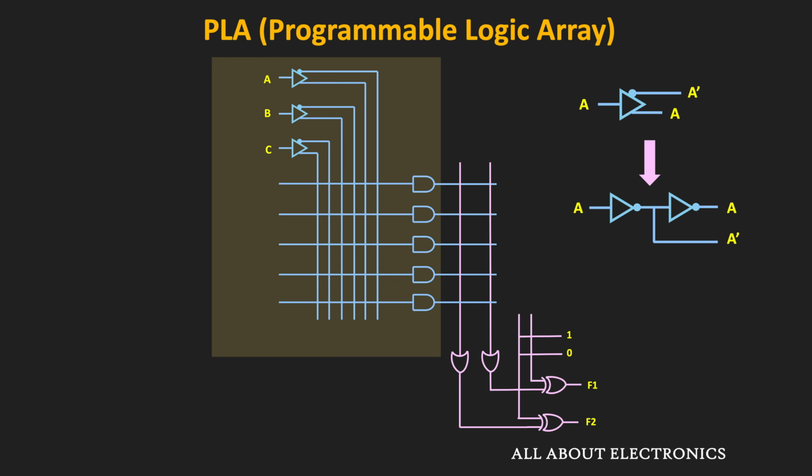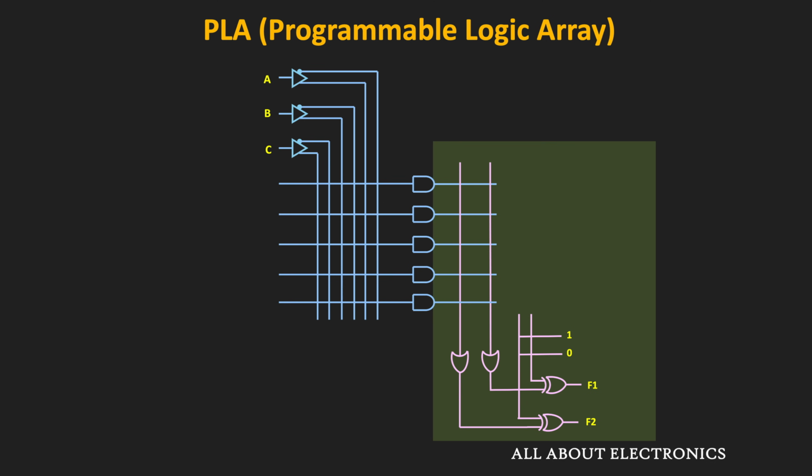That means in this PLA, the total number of product terms that we can generate is less than 2 to the power n. In this PLA, we have a total of 2 OR gates. And since we have 5 AND gates, each OR gate will have a total of 5 inputs. And of course, these inputs to the OR gate are programmable. That means in this PLA, both the AND gate array and the OR gate array are programmable.